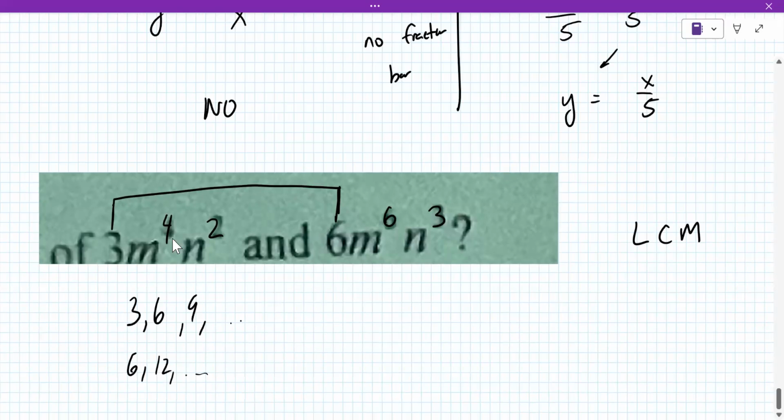Like what's the first place where 3 and the 6 intersect? It's here at 6. So you gotta be careful between LCM and GCF. You were giving me the GCF, which would be great for another problem, but not in this one.